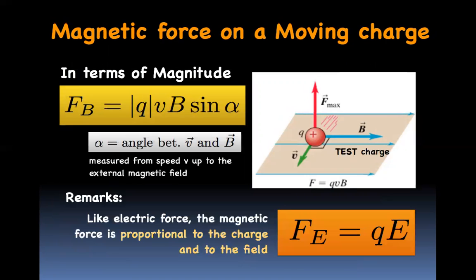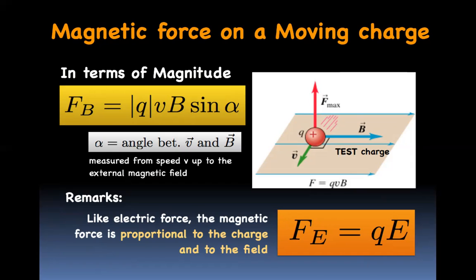In terms of magnitude, the magnetic force can be obtained using this formula: charge magnitude Q times the velocity V times the magnetic field capital B times sine alpha. Here, angle alpha is the angle between the velocity of the charge V and the magnetic field B. It is measured from the velocity V up to the external magnetic field.